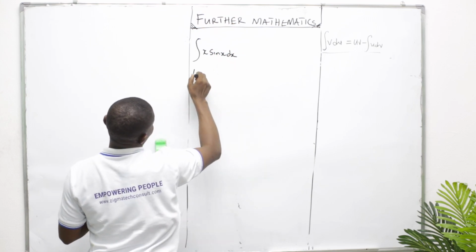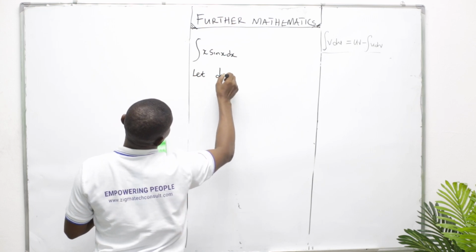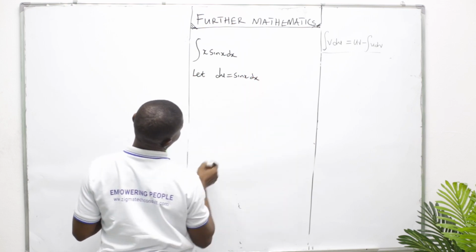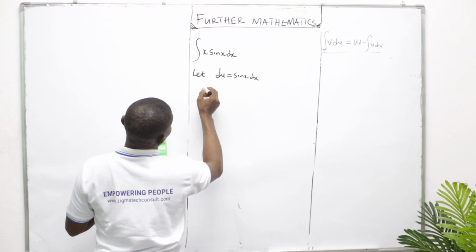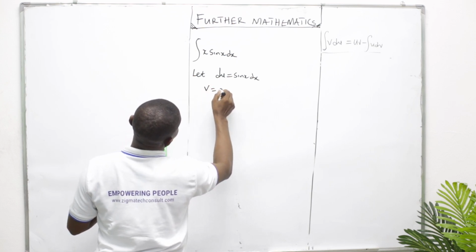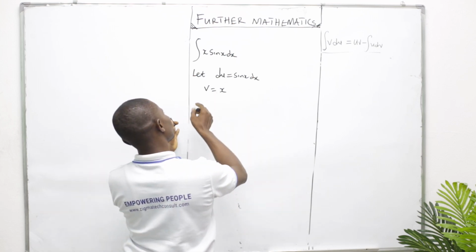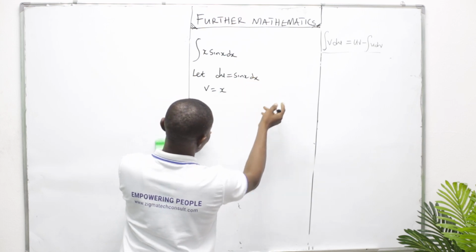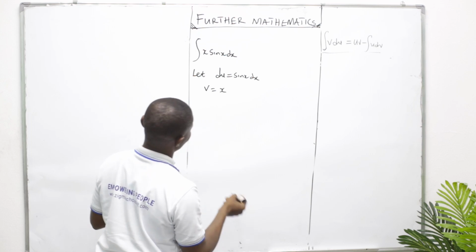I will select dv equals sine x dx, then u equals x. You can also say dv equals x sine x to give you whatever you have. It depends on what you want.